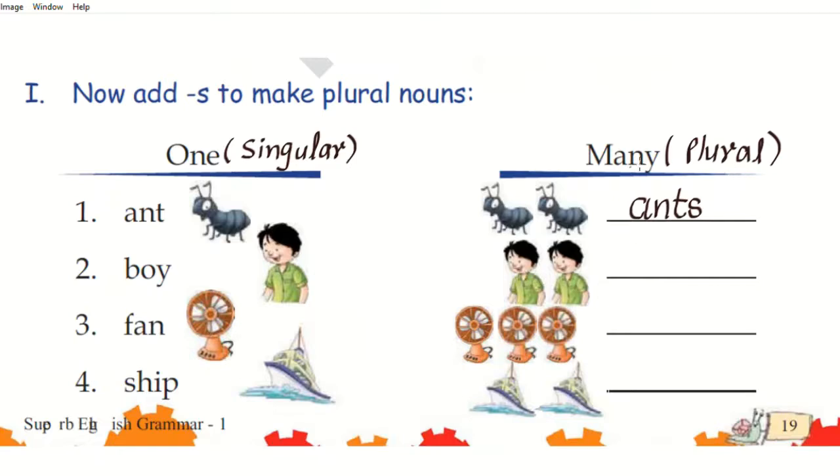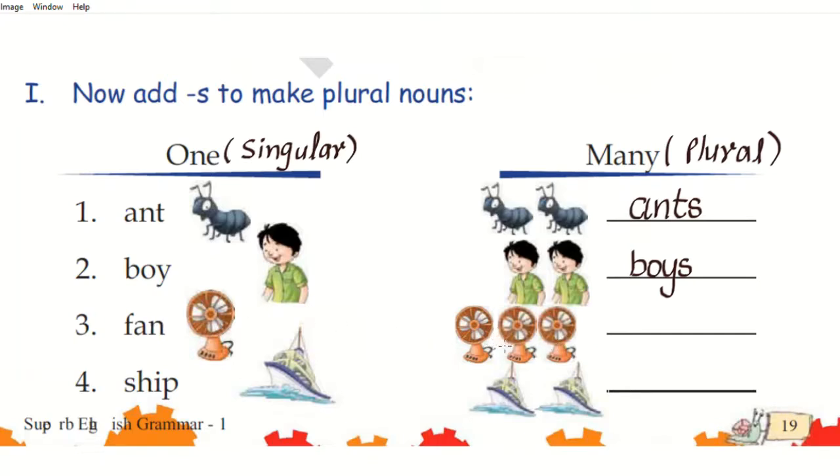One singular boy. Many plural boys. We will write boy and add s to it to make plural of it, that is boys.